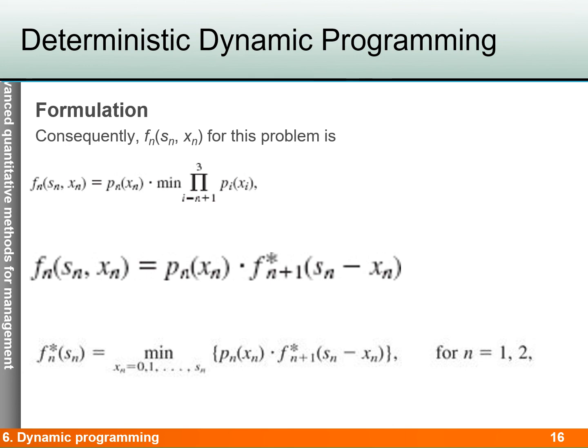And this one exactly is like the other one. pn(xn) multiplied by f*n+1(Sn minus xn). What is available minus what we select. So fn*(Sn) is the minimum of pn(xn) multiplied by f*n+1(Sn minus xn). In the next slide, follow this example, please.